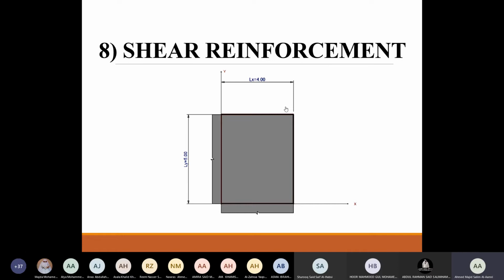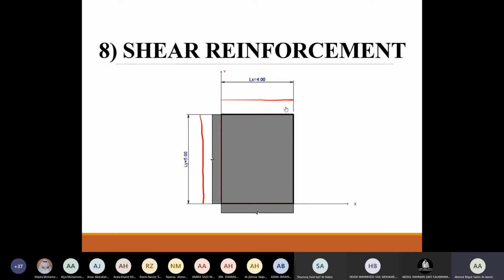Now once again, how would you draw the shear force? Did I teach you how to draw the shear force? Okay. So the shear force, if you remember, we're going to have a line here.